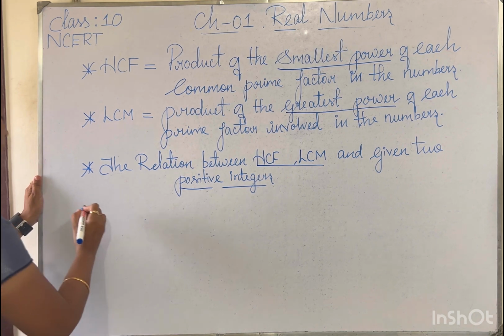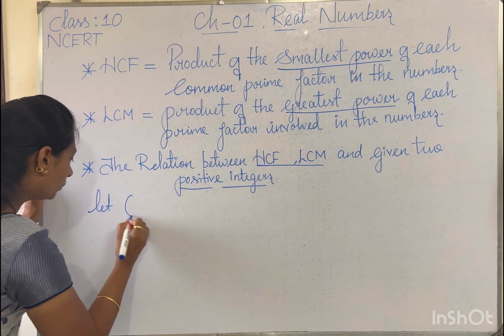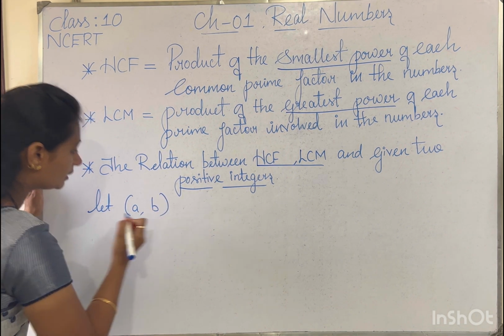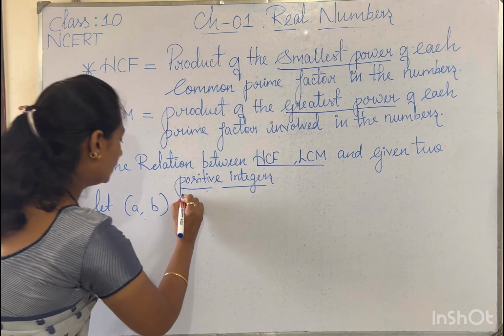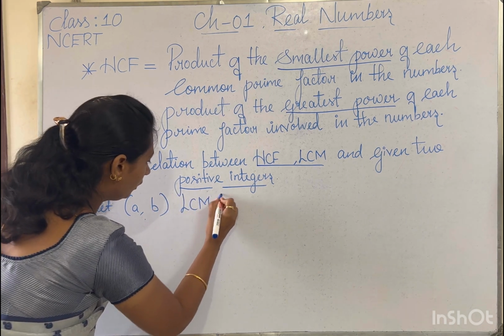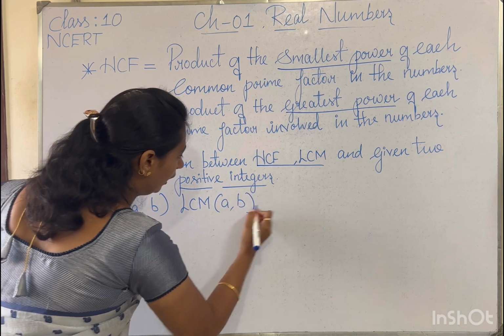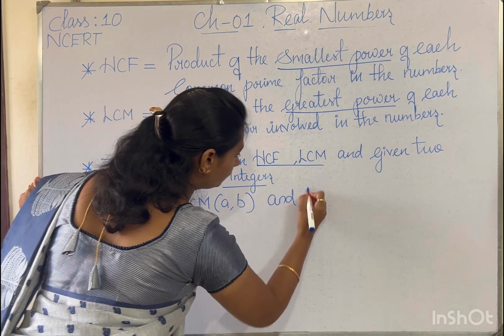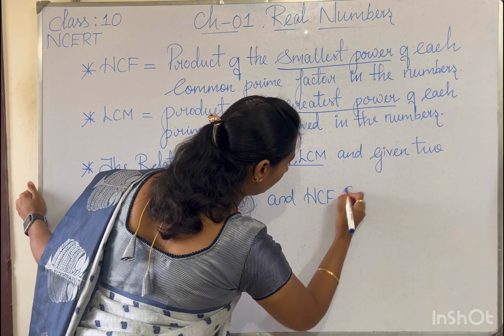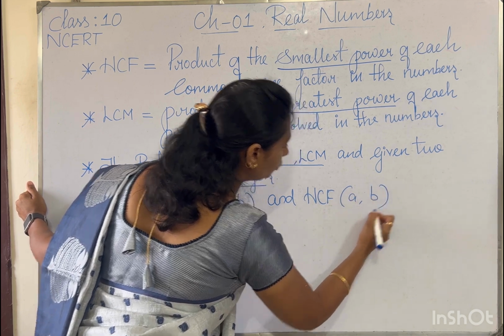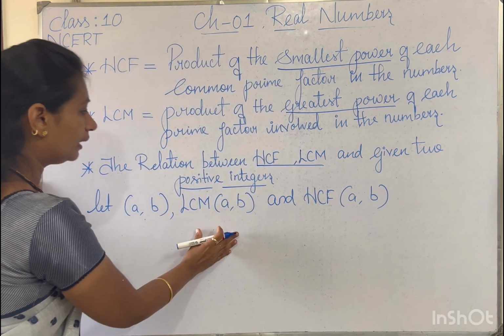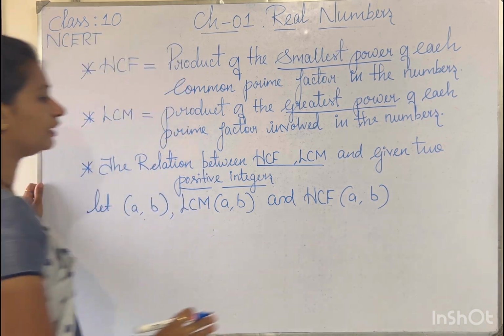We have a relationship between HCF, LCM and the given two positive integers. For example, let a, b be the two positive integers. We need to find the LCM of a, b and the HCF of a, b. The given two positive integers and their LCM and HCF have a relationship.